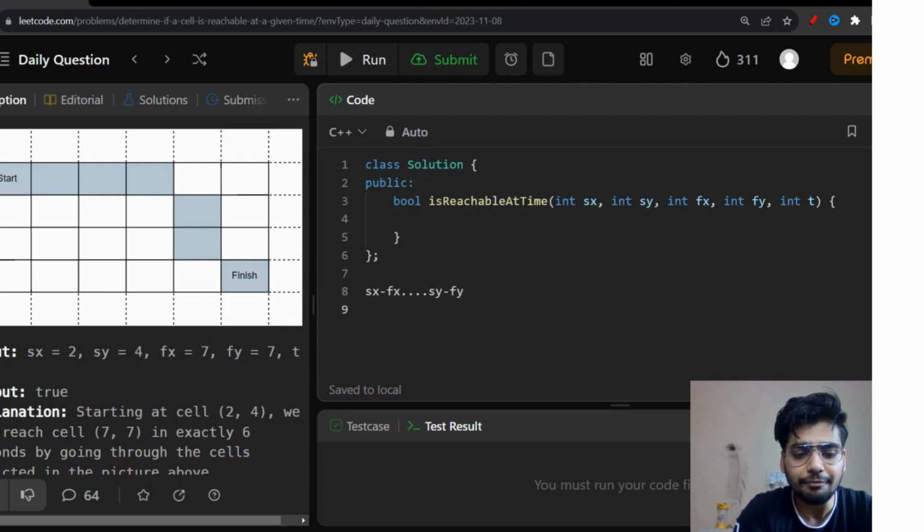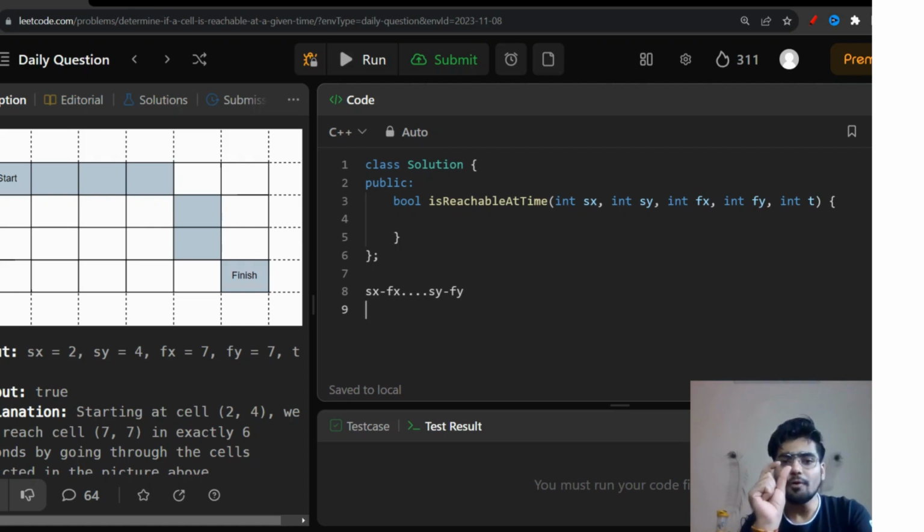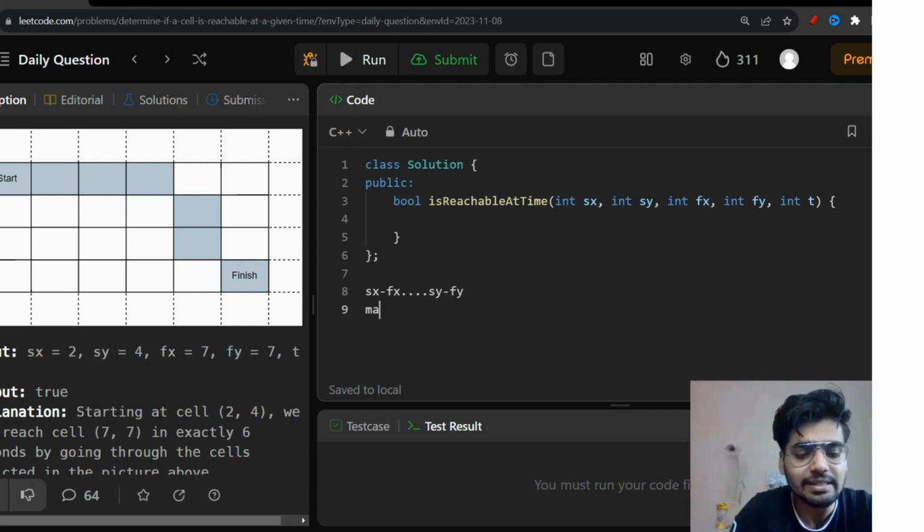And after getting these differences, for the minimum number of steps we have to take, the steps go diagonally, and when it comes nearer, then we just take the difference. So in many cases you consider it as a maximum.